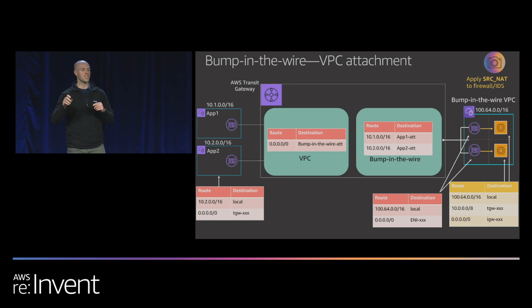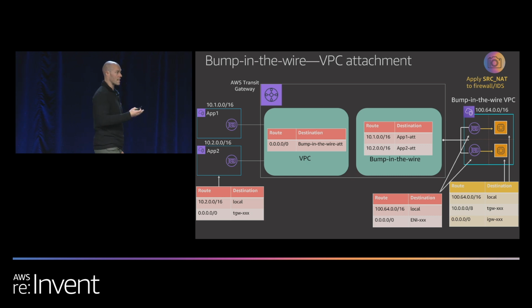The reason why it has to be a different subnet is because now that it goes through the instance, the ENI of the instance needs to have another 0/0 route. Maybe it's going to the internet gateway. Maybe it's going back to the transit gateway. It could be multiple things, but it has to have a different 0/0 route in order to dictate the traffic. Usually in these situations, you probably have to do a source NAT on that instance.